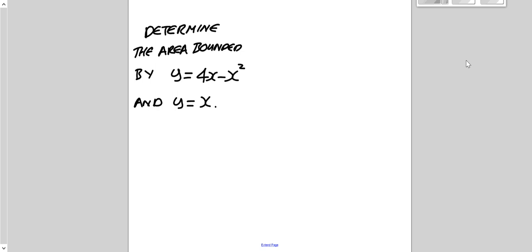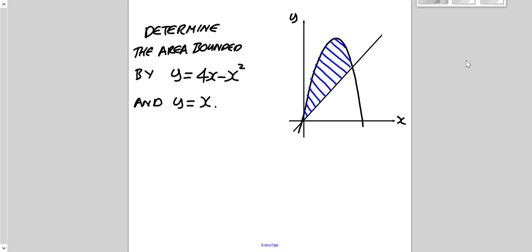You may recognise that the top one is a quadratic function and the bottom one is a straight line. But that doesn't matter really. Sometimes they give you a wee graph to give you a wee hint what you're looking for. So the straight line is y equals x, and the curvy part is 4x take away x squared, and hatched in blue is the area of interest.